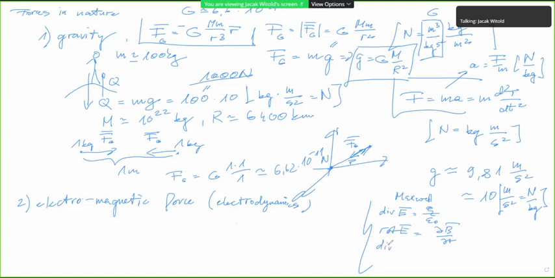Then divergence of magnetic field is zero, and the rotation of the magnetic field is j vector over c square epsilon zero, the electric permittivity of void, plus 1 over c square, and here maybe minus dE over dt.